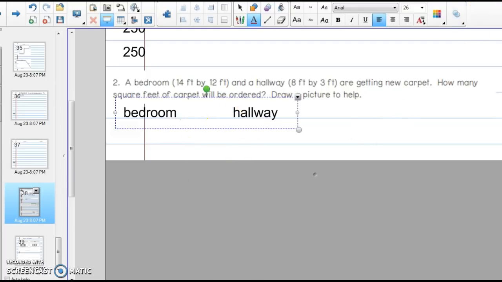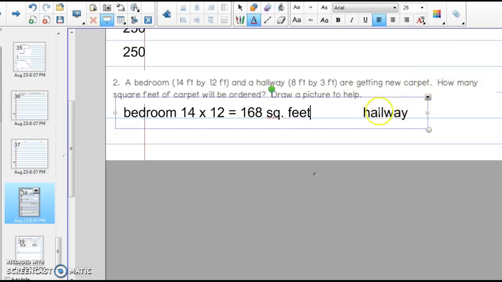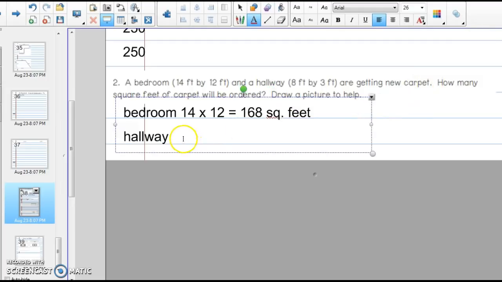Okay, you should have found that the area of the bedroom is 168 square feet, because it measures 14 by 12, and when you multiply that you get 168. So the bedroom needs 168 square feet of carpet. The hallway measures 8 feet by 3 feet, which is 24 square feet.